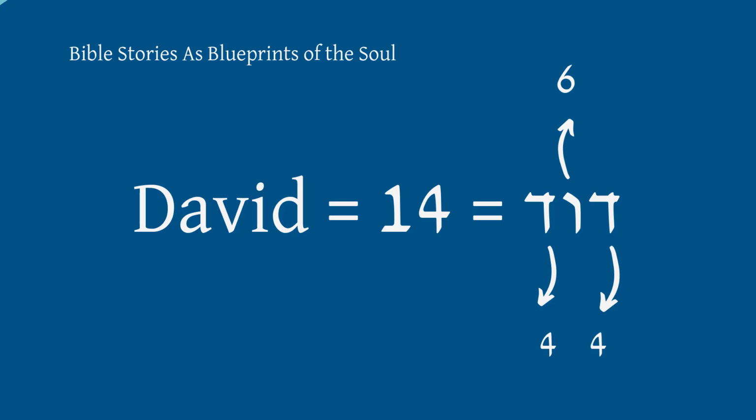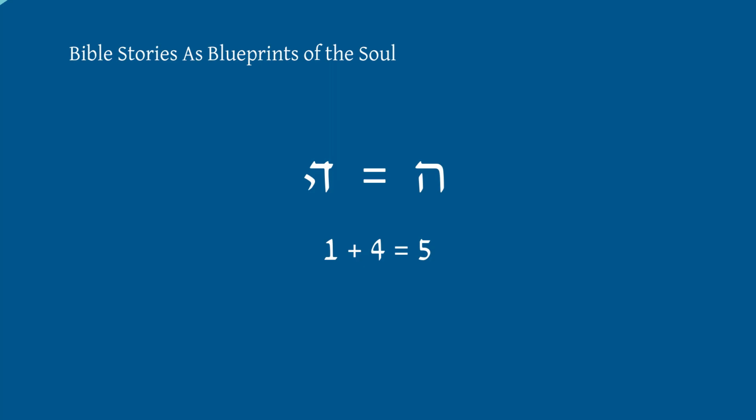Another way to write the name David, but in a secret way, would be to write the letter He.